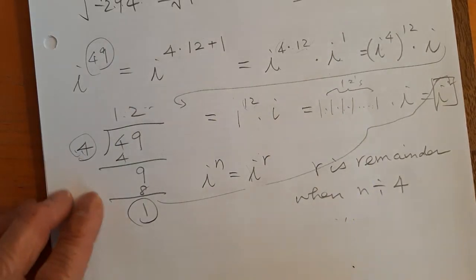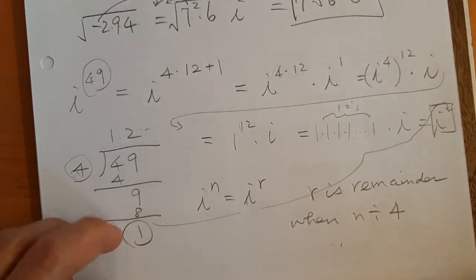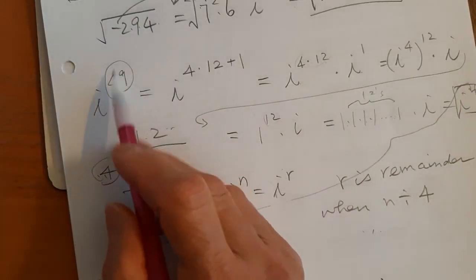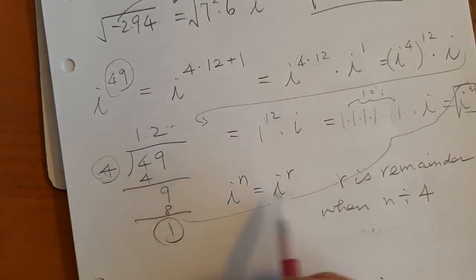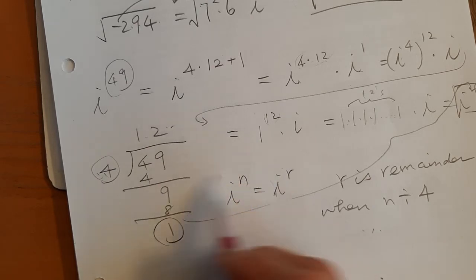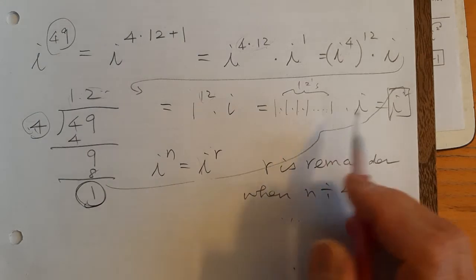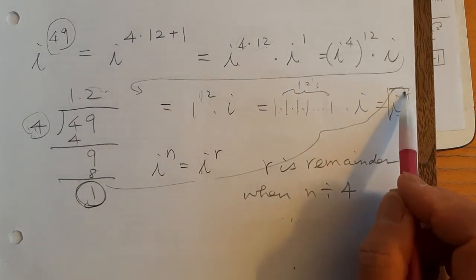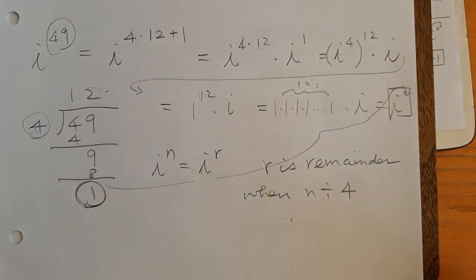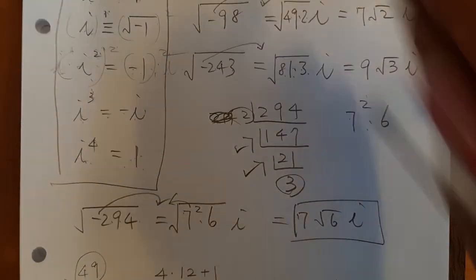Like 49 divided by 4: the quotient is 12 and the remainder is 1. So the answer simplified is i to the power 1, which is i.